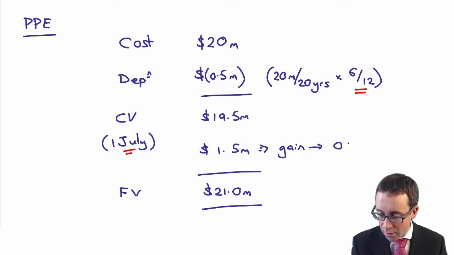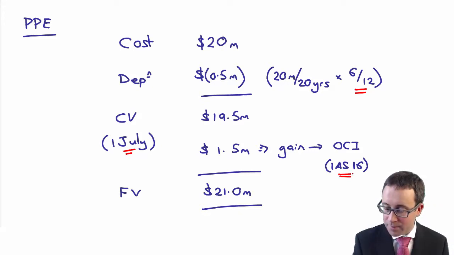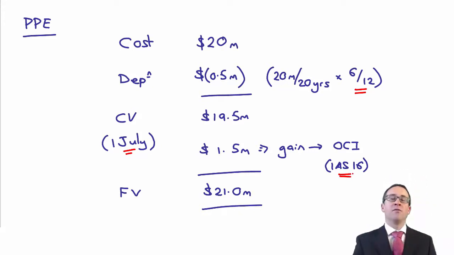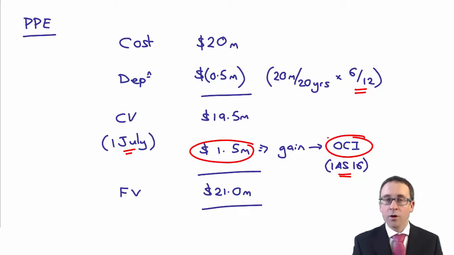And that gain goes to other comprehensive income, ladies and gentlemen, because we are treating it as property, plant and equipment, getting it correct before we then go through and start thinking about IAS 40. Okay, so that gain of 1.5 million goes to OCI. Okay, happy with that there? Yeah, it's what we saw in the earlier chapter, isn't it? How to revalue an asset under IAS 16.